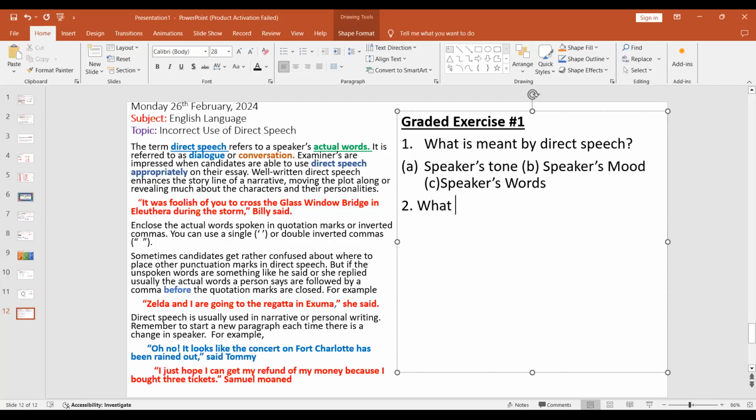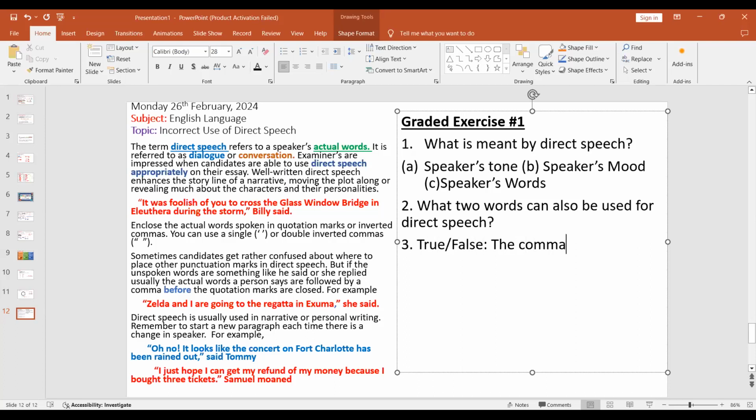Number 2: what two words can also be used for direct speech? Number 3: true or false?